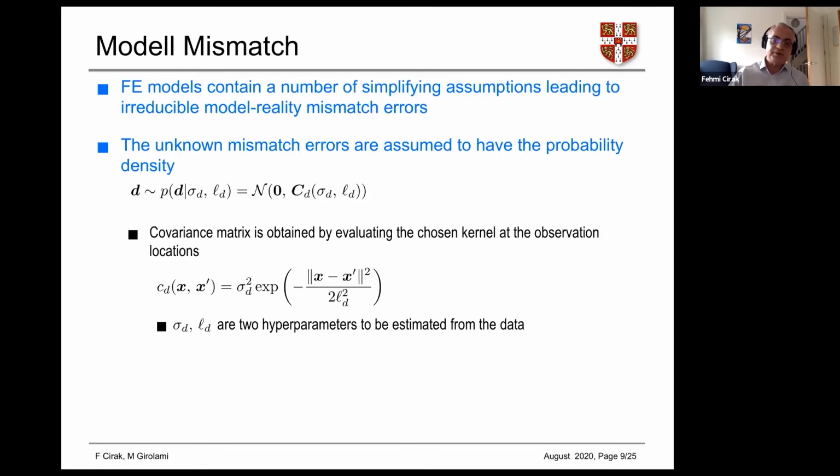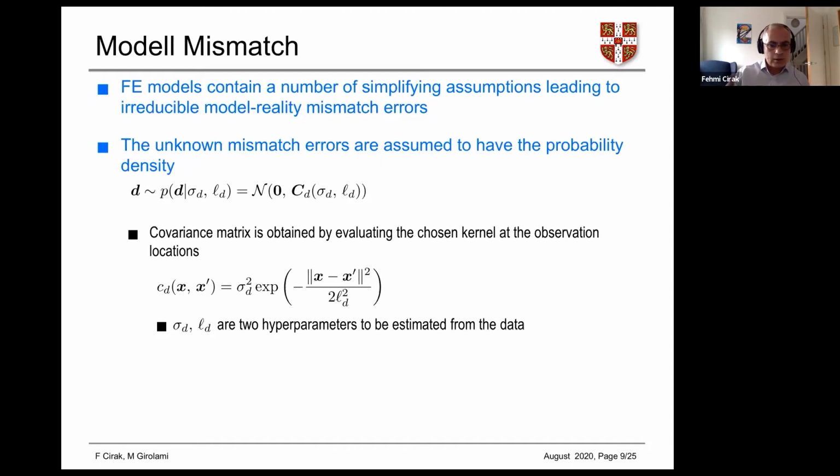This implicitly makes certain assumptions about the type of model reality mismatch. One could use other kernels, but one could also completely automate this process of choosing kernels. That's also possible.